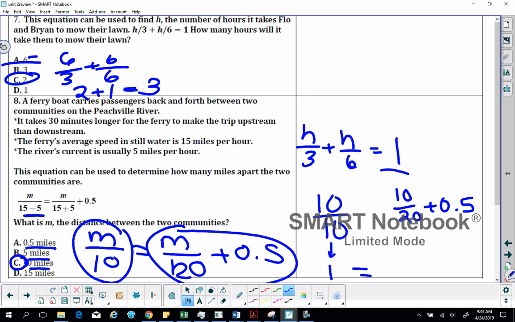If you were to put that right in your calculator, you would get 1. Or you also know 10 is half of 20, which is 0.5, plus 0.5 equals 1. Does 1 equal 1? So that's the only one where I could plug it in for m, and it would be equal on both sides. Does that make sense? So when in doubt, plug it in, right?